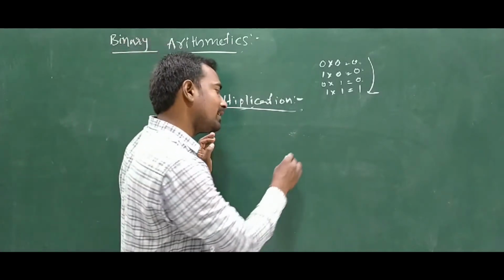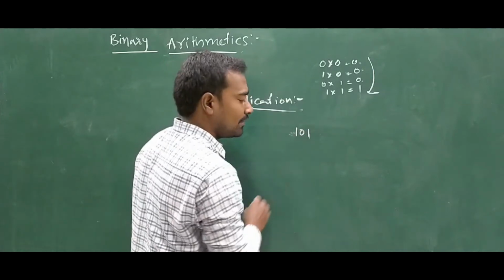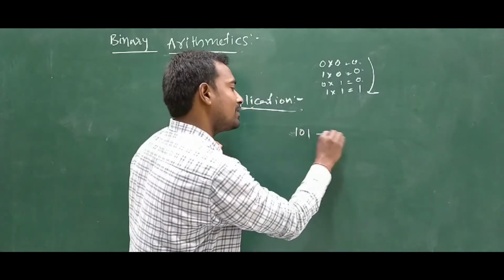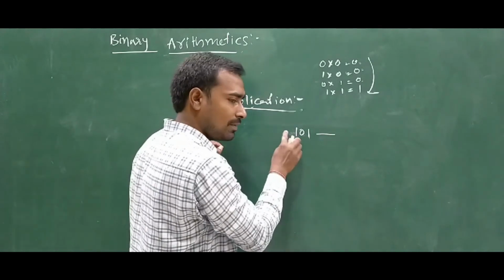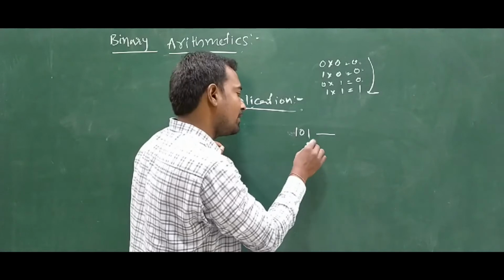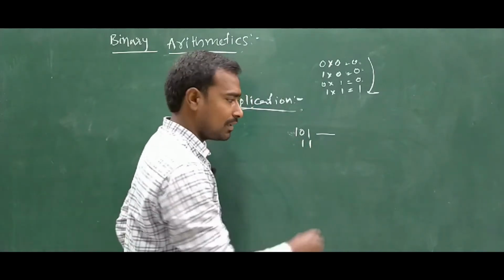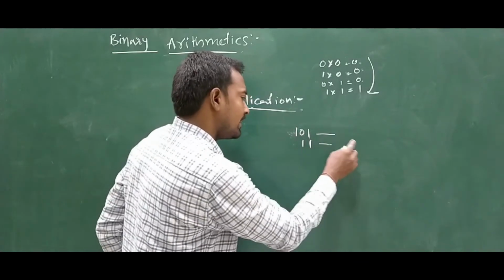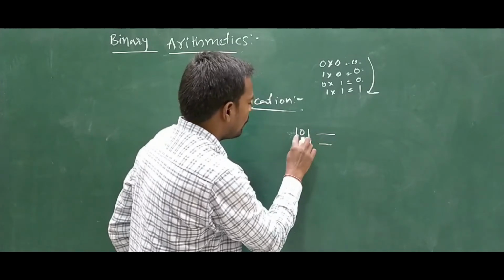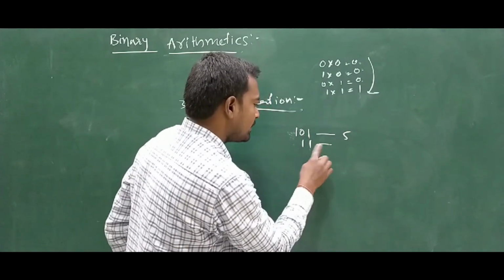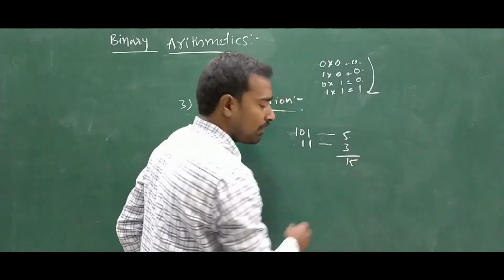I am taking the binary digits 101, and this is the multiplicand, and here I am taking the multiplier, which is 11. So the 101 equivalent decimal value is 4 plus 1, that is equal to 5, and this is equal to 3. Then 5 into 3 is equal to, we have to get 15.